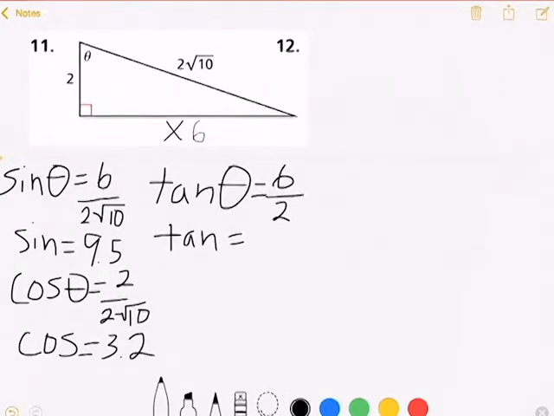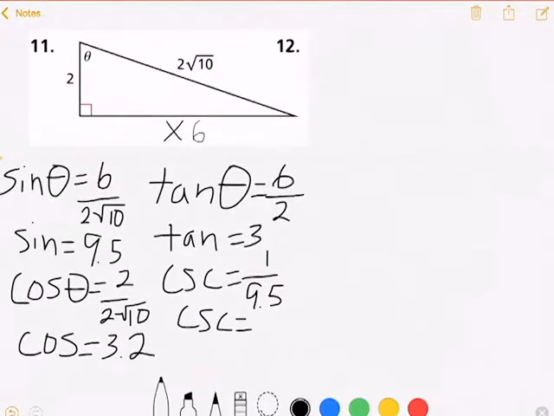So then moving on to cosecant, secant, and cotangent, we're going to do the same thing as in the other video, just 1 divided by those numbers that we previously found. So the sine is 9.5, so 1 divided by 9.5 means that your cosecant is going to be 0.12, rounded.